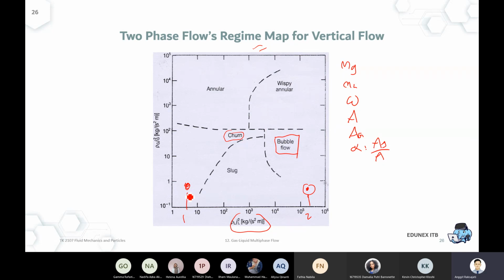In contrast, if I keep the same oil production, but now I push a higher gas production, so now I have a higher gas superficial velocity, I will be working at annular conditions. Again, the most avoided part is the slug flow.